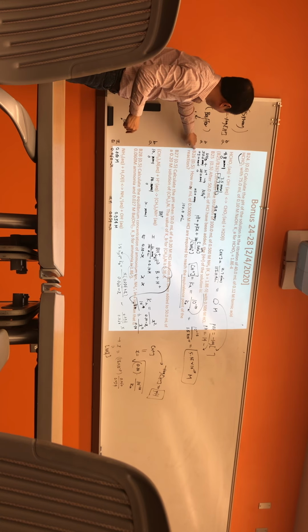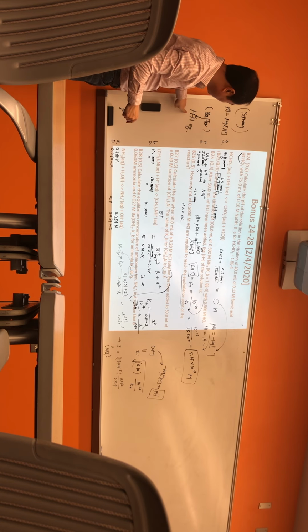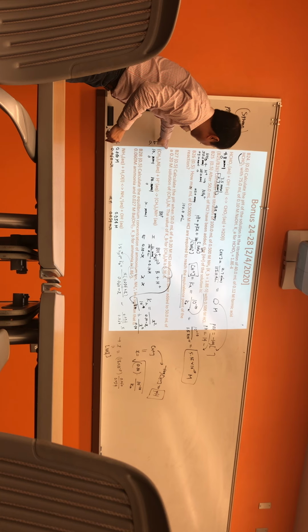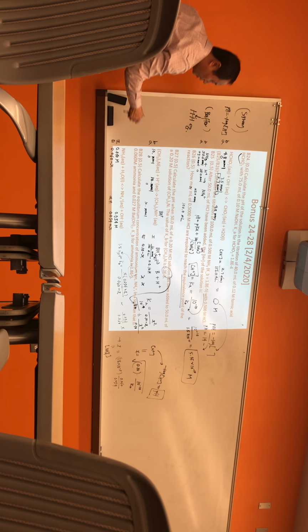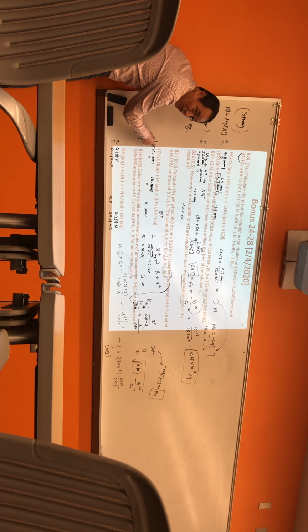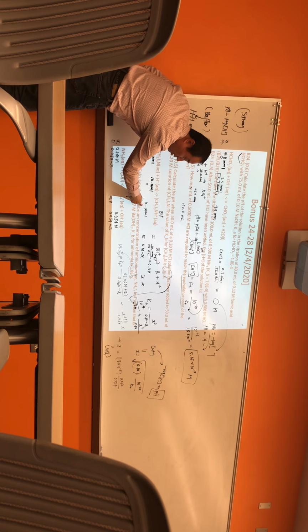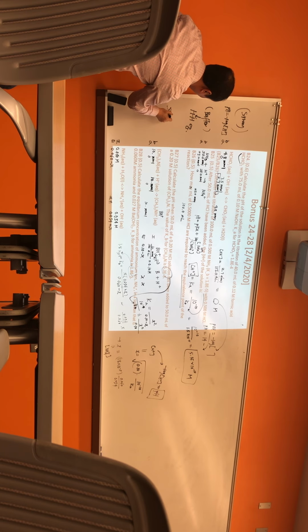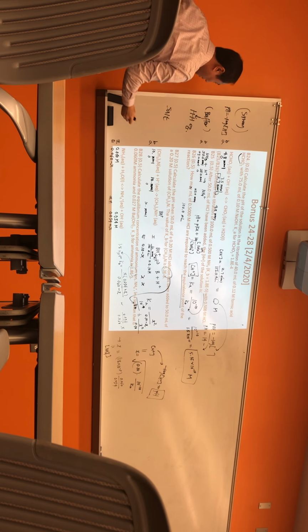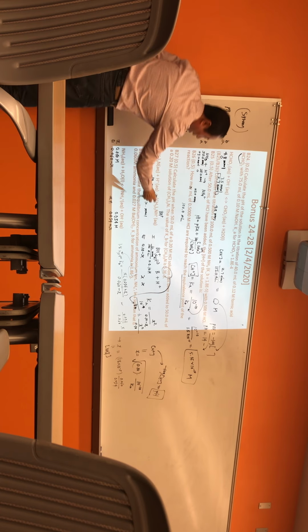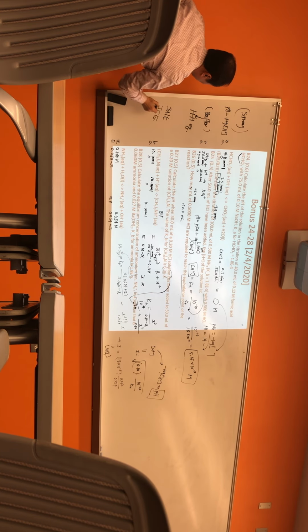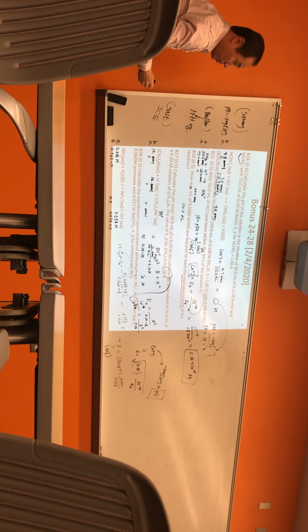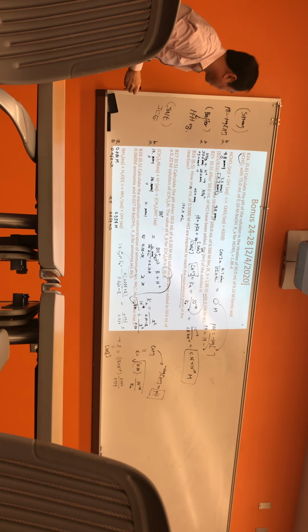If you identify a buffer, use Henderson-Hasselbalch. What is the next one here? This one was a salt problem. Why? After stoichiometry, the only thing remaining is salt. If it's a salt problem and it's weak stuff, you set up an ICE table.